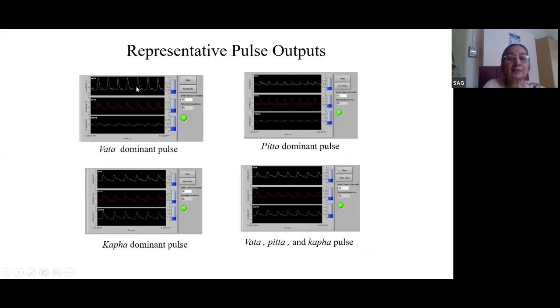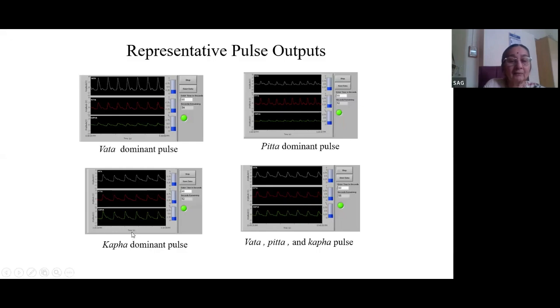So a Vata dominant pulse looks like this. Pitta dominant has Pitta. From patient to patient, the amplitudes may change, so the amplitudes may not remain the same, but the relative amplitudes are seen to determine whether it is Vata dominant, Pitta, or Kapha dominant.